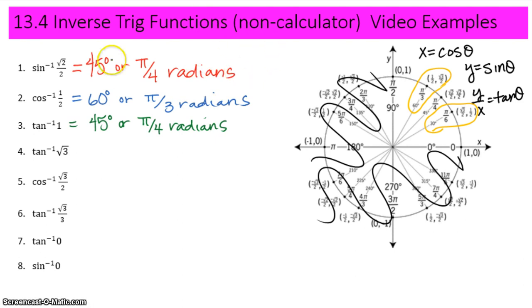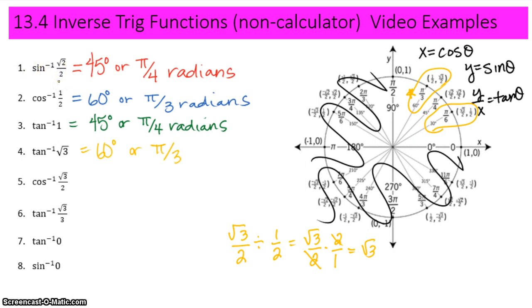So just a real quick division will help you figure out which one. If we take 60 degrees or pi over 3 first, we're going to do root 3 over 2 divided by 1/2, or root 3 over 2 times 2 over 1, which is root 3. That is 60 degrees or pi over 3.